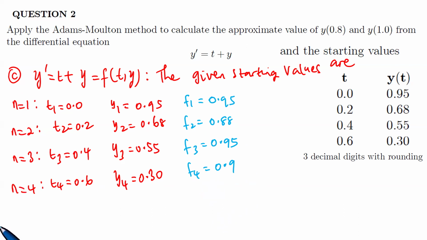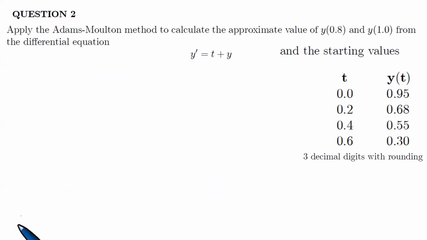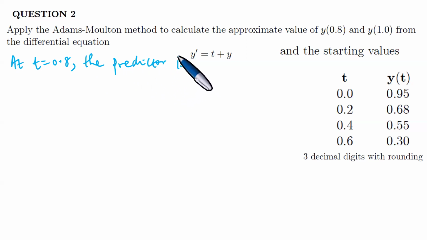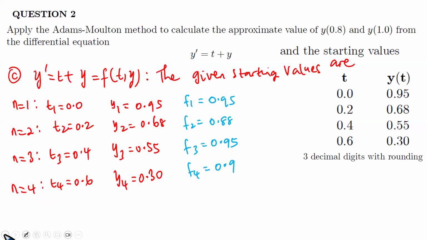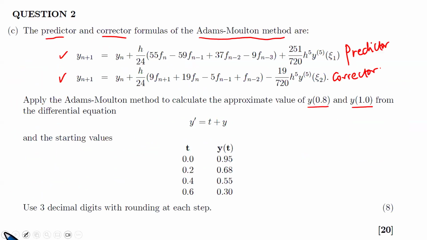Let us first calculate the predictor. So the predictor is the first one.